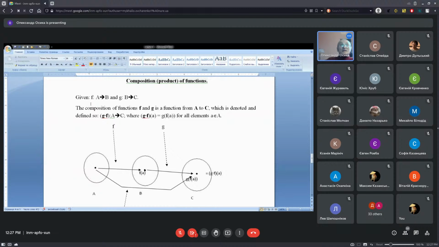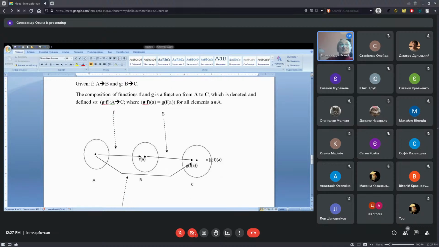Definition: given two functions, f from A to B and g from B to C, the composition of f and g is a function from A to C, denoted and defined so: g product f, where (g product f) of a is the same as g of f of a, for all elements a from A.